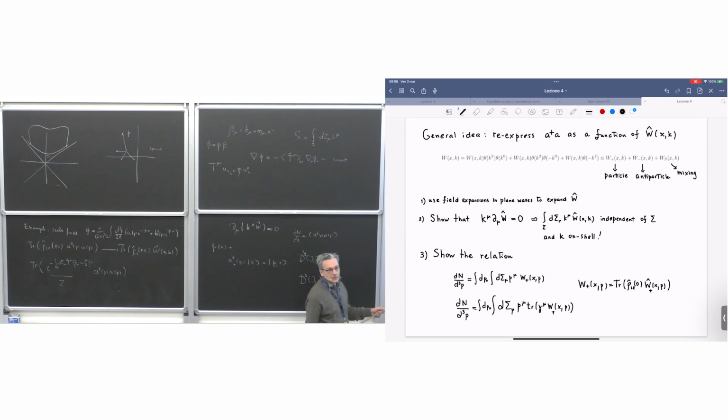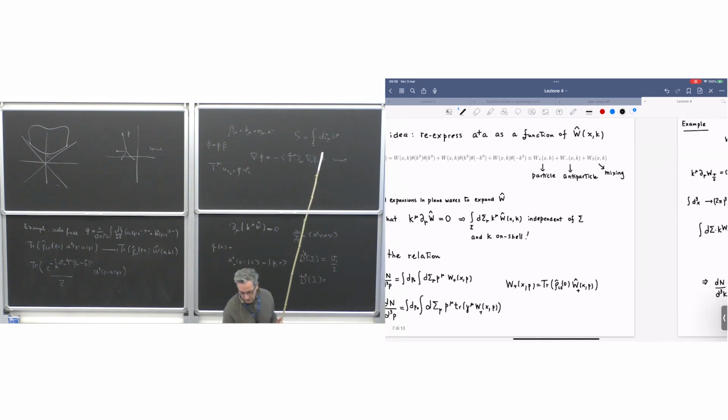And there is another important consequence: if you integrate this, you find out that all off-shell contributions to this integral vanish. So k is essentially on shell. Okay? So this is an important point.